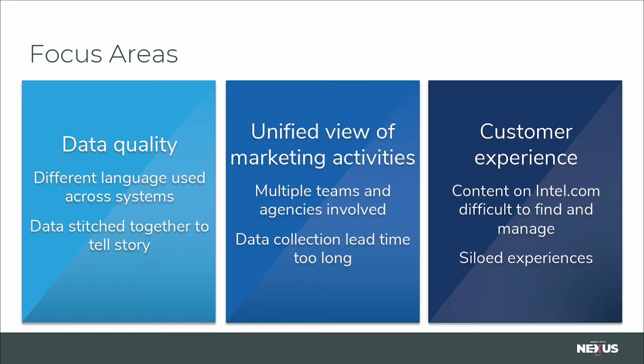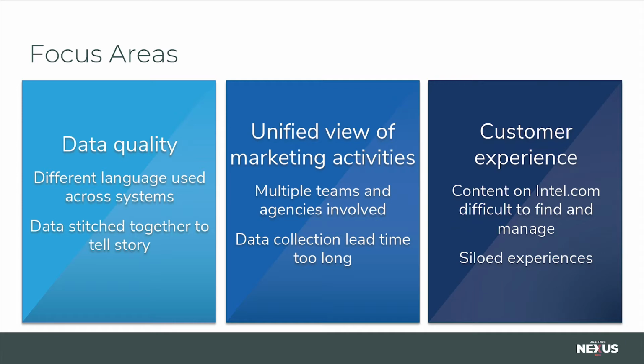For Intel, the impact of the lack of strategic approach to management of our information assets and data was quite significant. And to give you a sense of the scale, Intel spends in the area of about $2 billion per year on marketing and another $75 million per year creating web content.